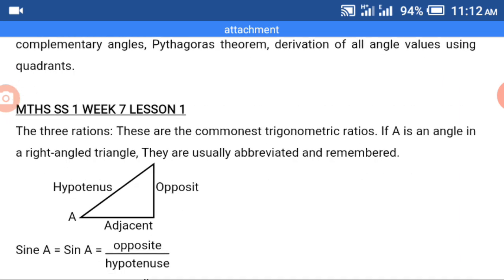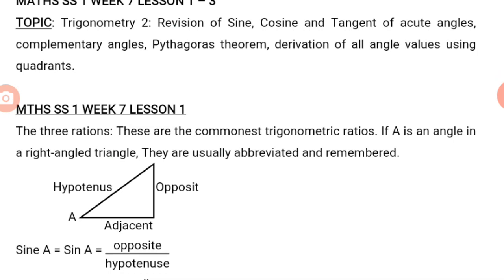Now, the three ratios. These are the commonest trigonometric ratios. If A is an angle in a right angle triangle, they are usually abbreviated and remembered.